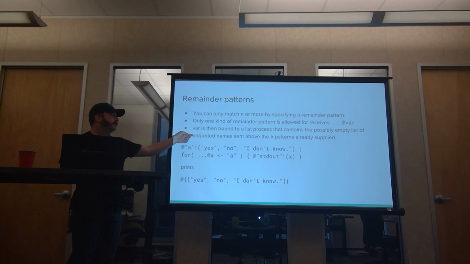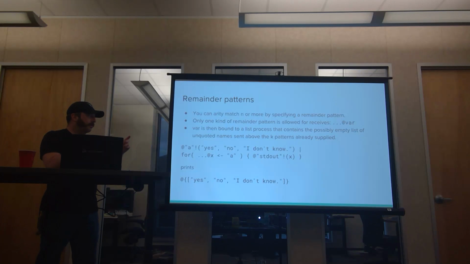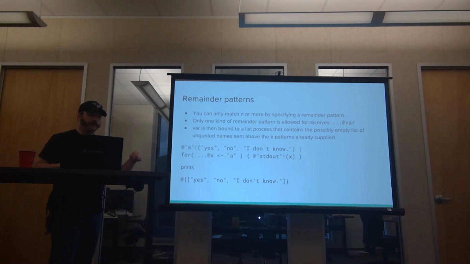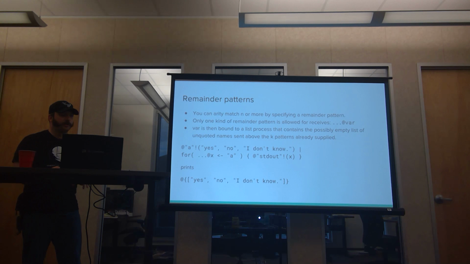Then the variable is bound to a list, which is those square brackets that we saw earlier. The list could possibly be empty, and it's whatever's left over above the things already supplied.